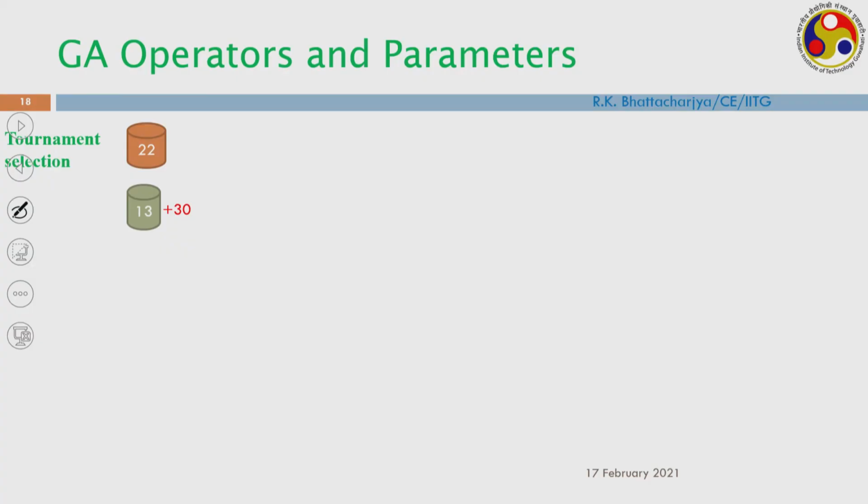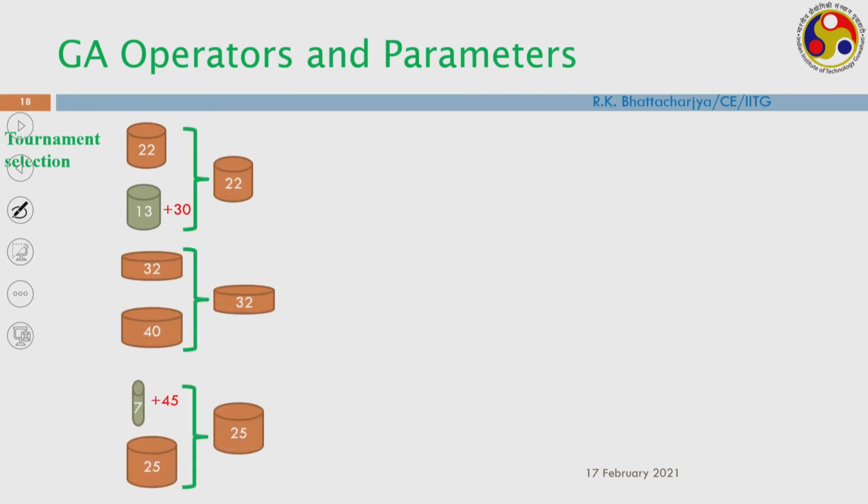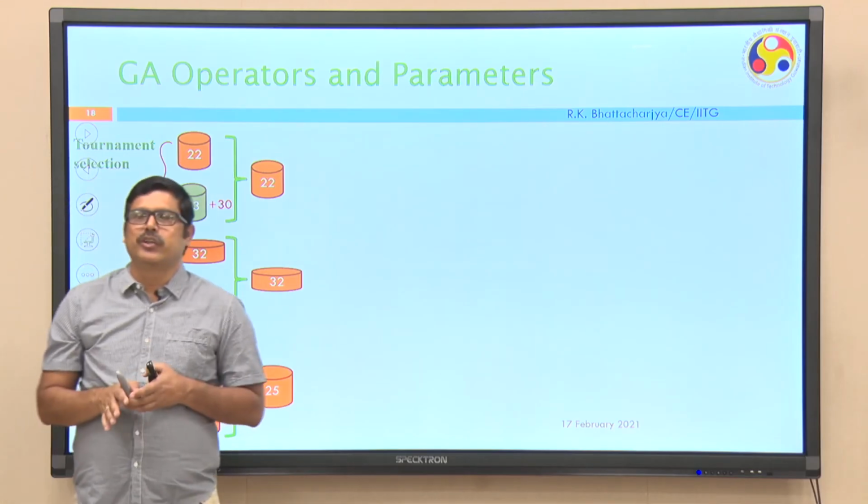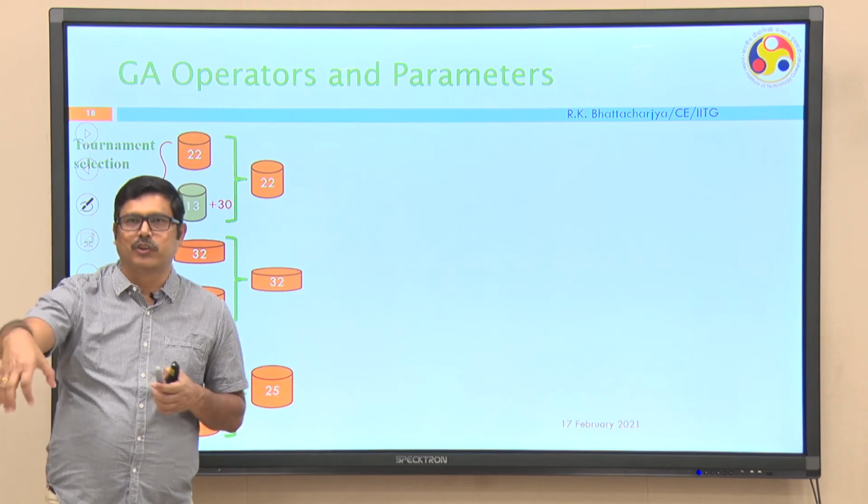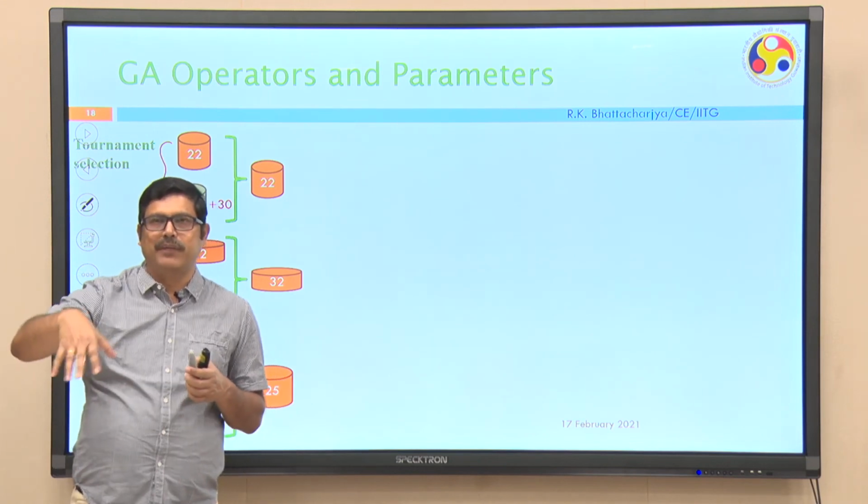Now, let us take this example problem. Suppose I am just explaining, I have a total of 6 solutions. Okay. So, this is the first set, this is the second set and this is the third set. So, I have 6 solutions, and I am putting them in a box. I am just explaining the algorithm.